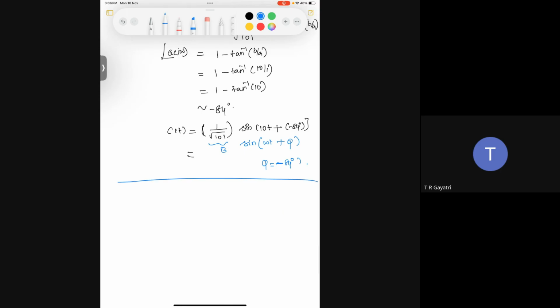Clear? This is how we find the output responses in frequency domain.